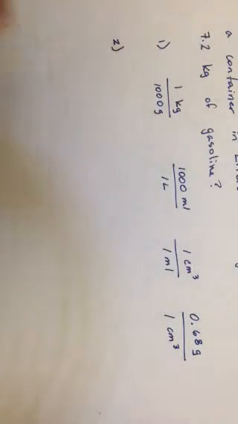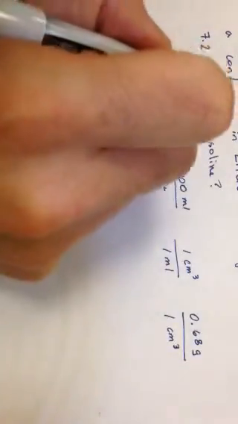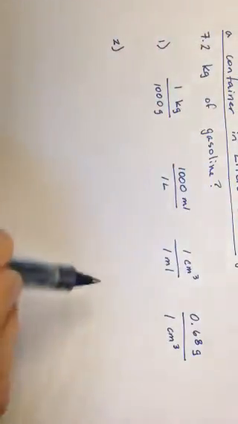Step 2. So in step 2, we're going to identify what we are converting from and what we are converting to. So we are converting to how large a container in liters we would need.